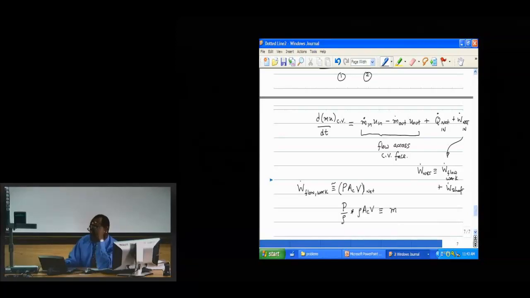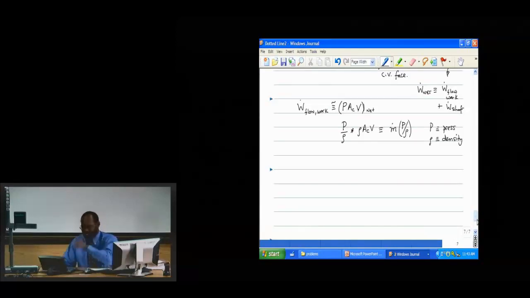And so we get something that looks like m dot times P over rho, where P is the pressure, and again, rho is the density. Okay, so this is perhaps a little too much detail, but let me just close with this then.